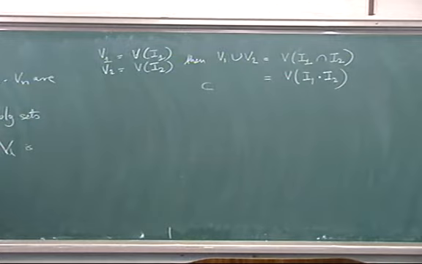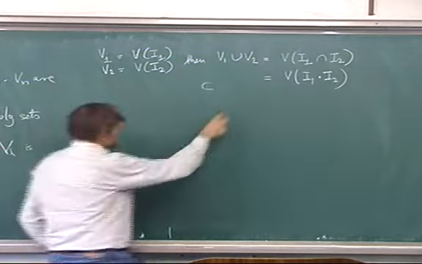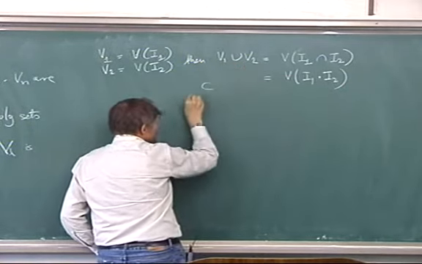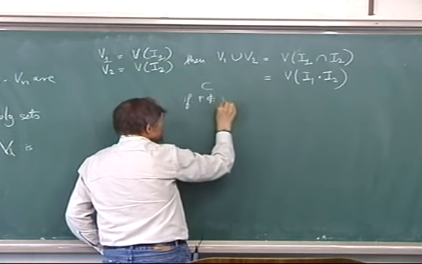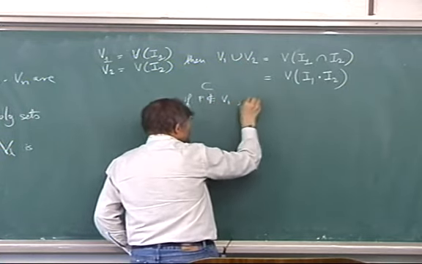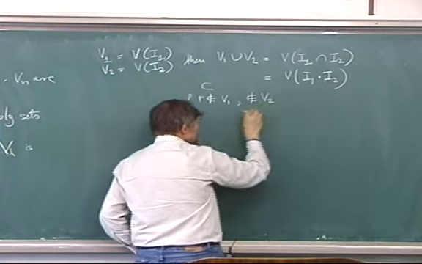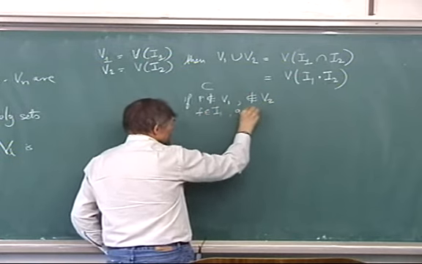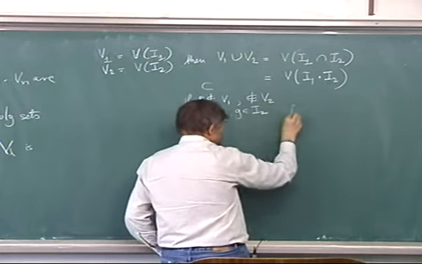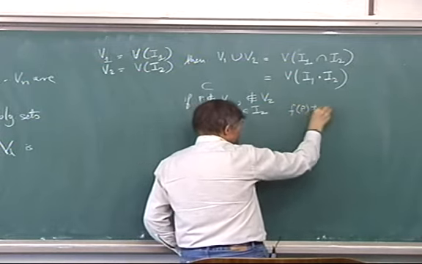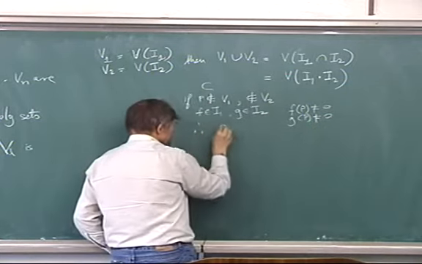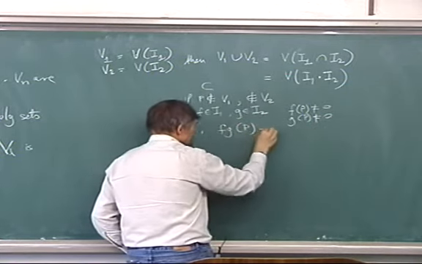Okay, so the other way around, what does it mean? Suppose I take a point P which is not in either of these. If P is not in V1 and not in V2, this means that there's some F in I1 and some G in I2 with F of P not equal to 0, and G of P is not equal to 0, and therefore F times G of P is not equal to 0.